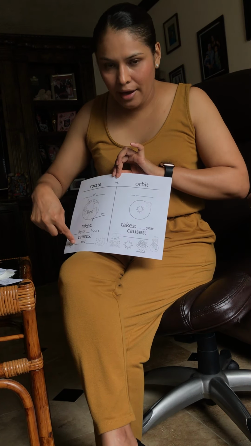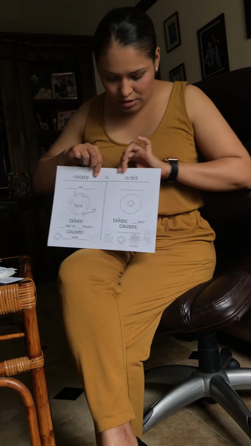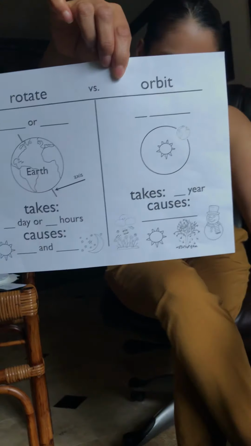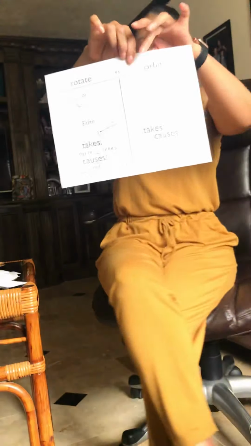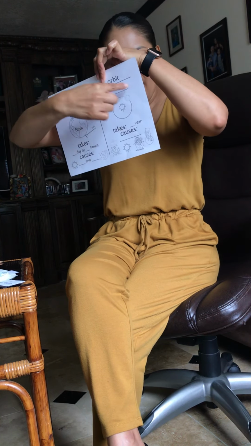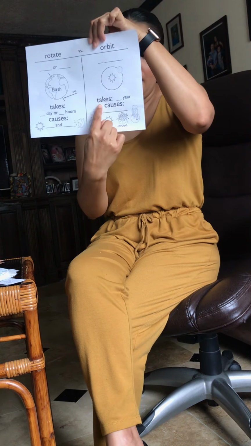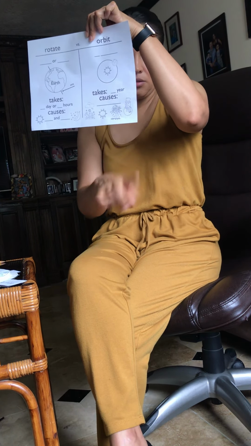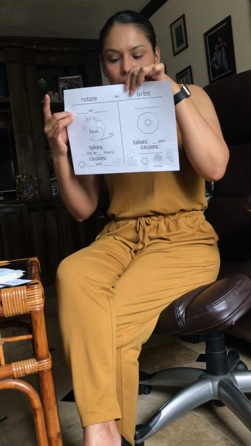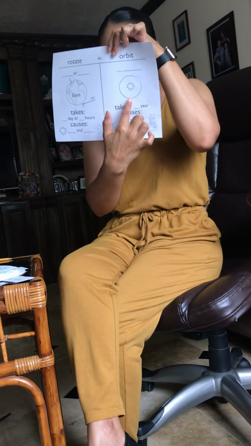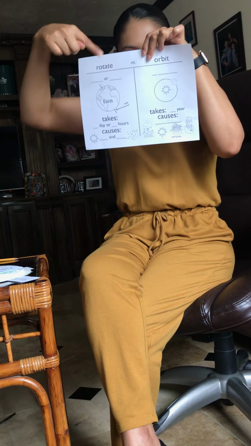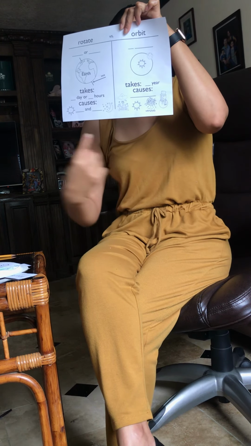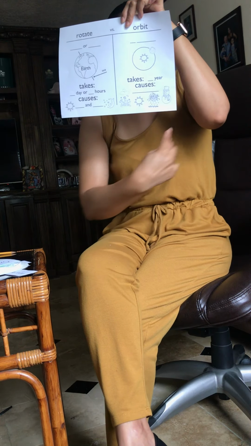It counts day and night. But orbit is one what? Going around the sun, it takes 1 year, and it counts the seasons. So that's the difference between a rotation and an orbit. Rotation is just a spin, where the orbit is one whole rotation around the sun.